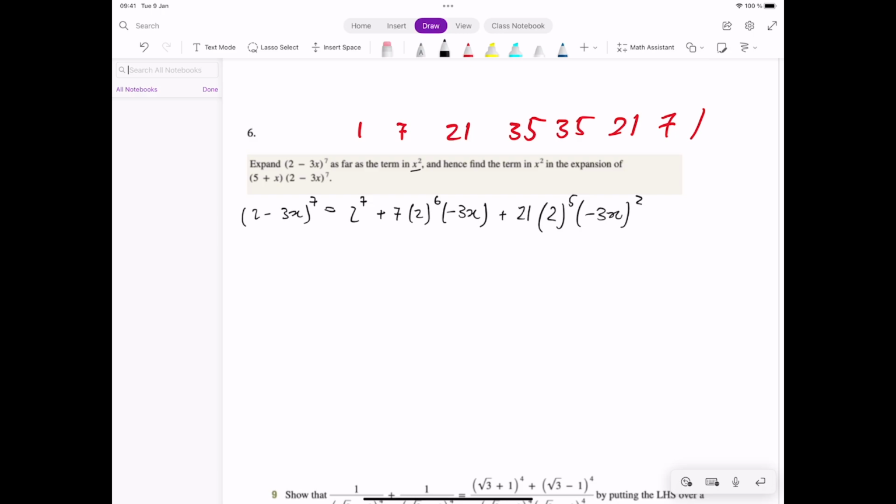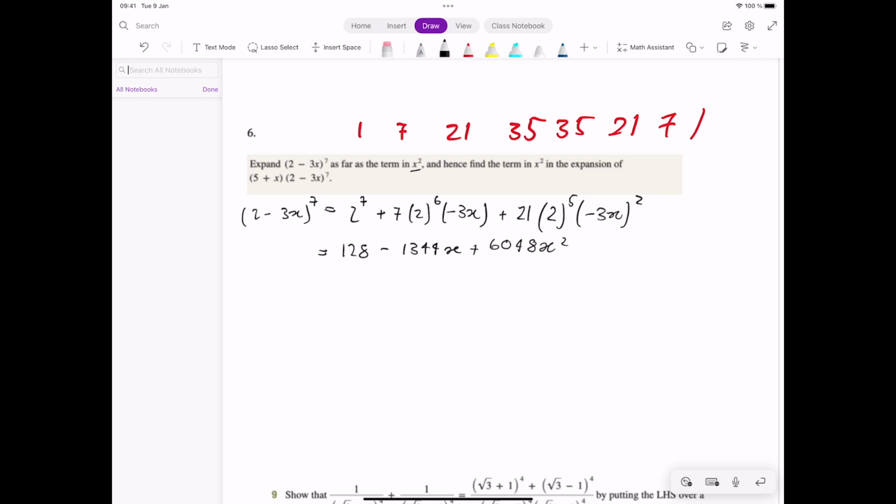Okay, we're done. Now let's clean that up a bit. 2 to the power of 7, what is it, 128? I'm not sure. Yeah, 128. And then we've got 7 times 2 to the power of 6 times by 3 is minus 1344x plus 21 times 2 to the power of 5 times by 3 squared, which is 9, is 6048x squared.